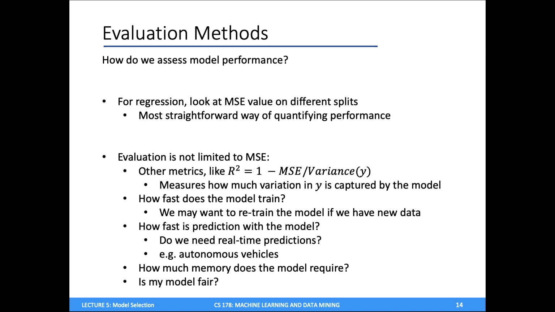And really what it's doing is, in some sense, measuring how much of the variance in the y variable is captured by the model. So if you have, say, a quadratic and you fit a line to it, there's a lot of variance in the y that the model just isn't picking up on because it's too simple. So for all intents and purposes, it's a normalized version of the MSE.